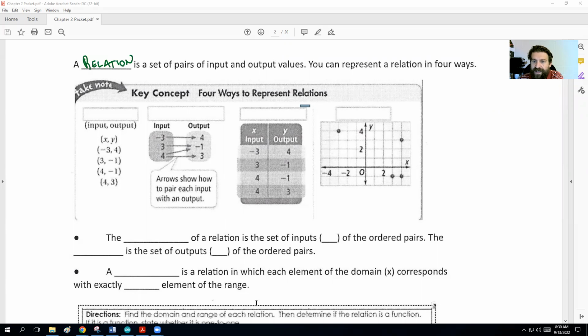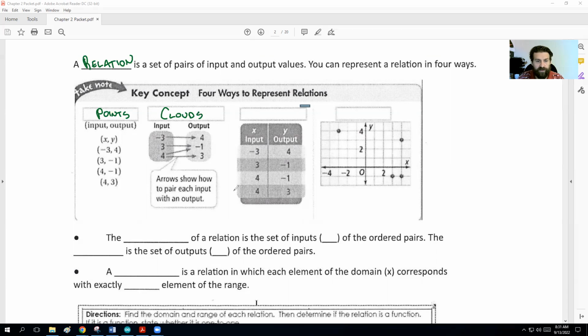You can represent relations in four ways. First off, we can have them as input, output pairs, or as points on a graph. Sometimes people call these ones clouds.